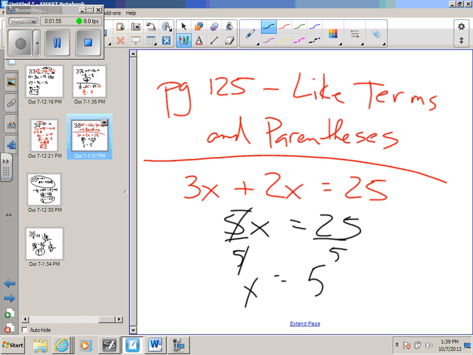Plug it in. What's 3 times 5? 15. What's 2 times 5? 10. 15 plus 10 is 25. So it works. And so not only are we going to be solving with the like terms, we're also going to be then solving the equation.